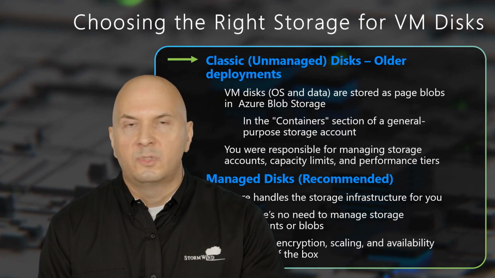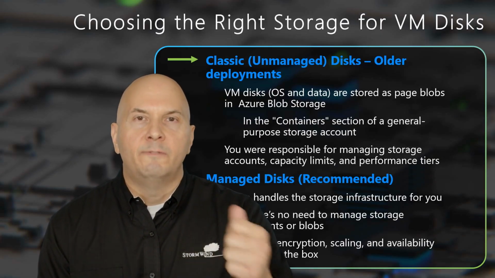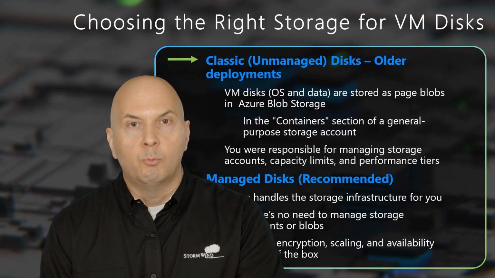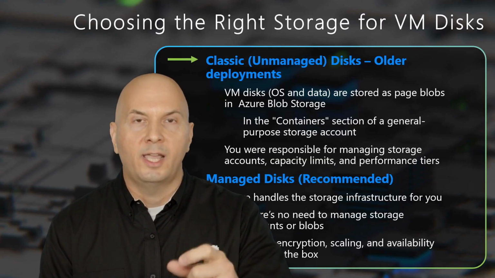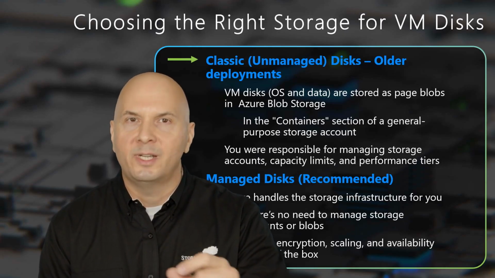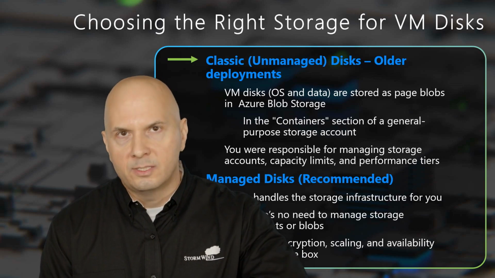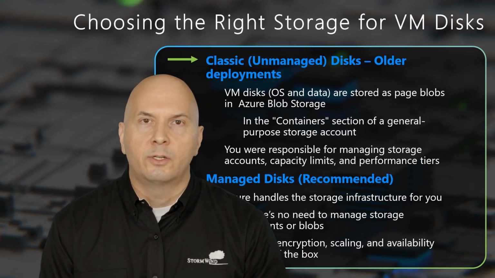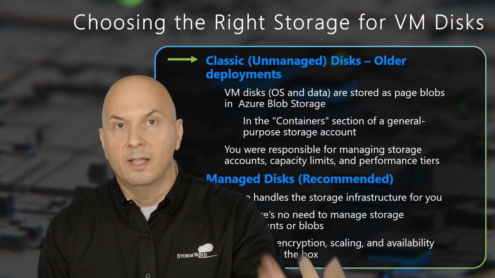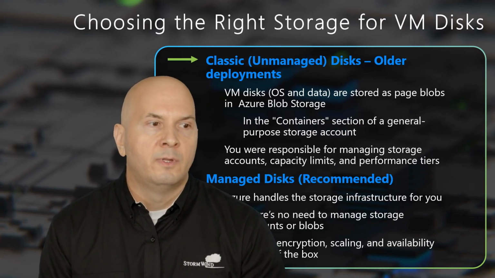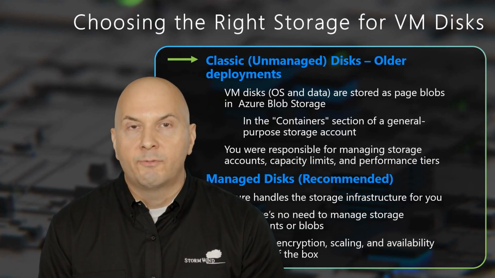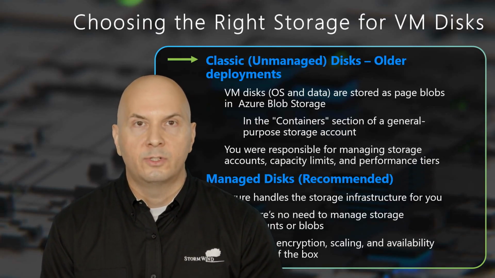So originally, a couple years ago, when you built a VM, one of the dependencies for the VM was a storage account because you had to tell it, hey, put my VHD files for all my disks for this VM in this storage account. So you needed to have either an existing storage account or build one as you're building the virtual machine. Problem with that is it gets pretty hairy after just a couple servers, right? You've got 10 servers, 20 servers.